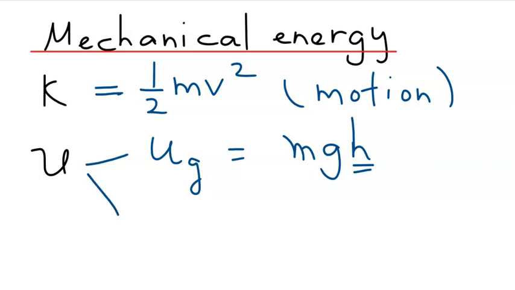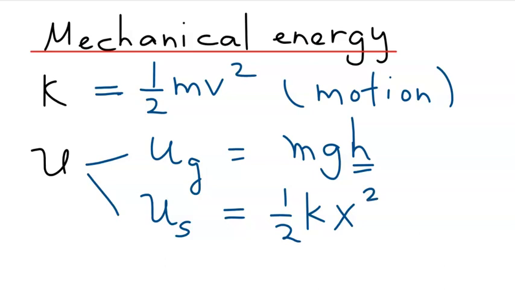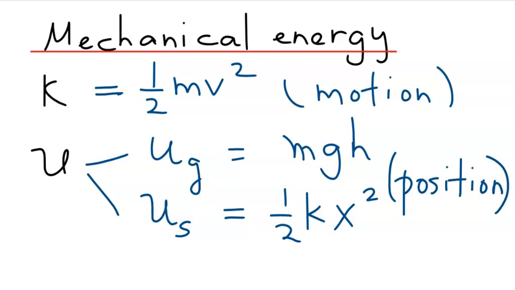The second type of potential energy is the elastic or the spring potential energy, which is given by half times the spring constant of a spring and the amount of stretch or compression of that spring squared. And as you can see from these equations, potential energy is the type of mechanical energy that is associated with position of an object in a system.